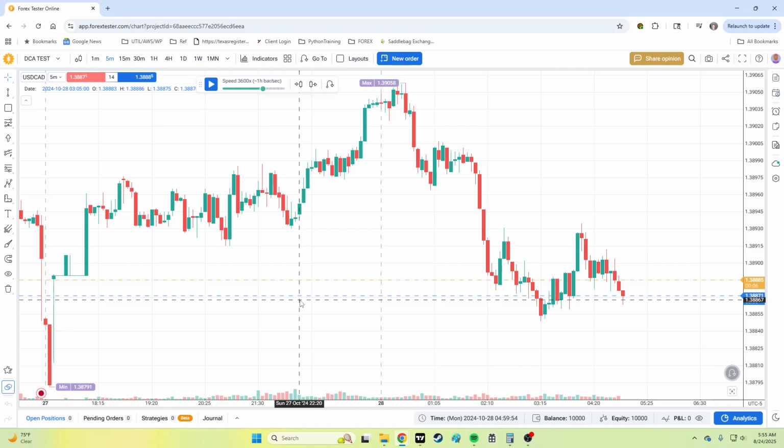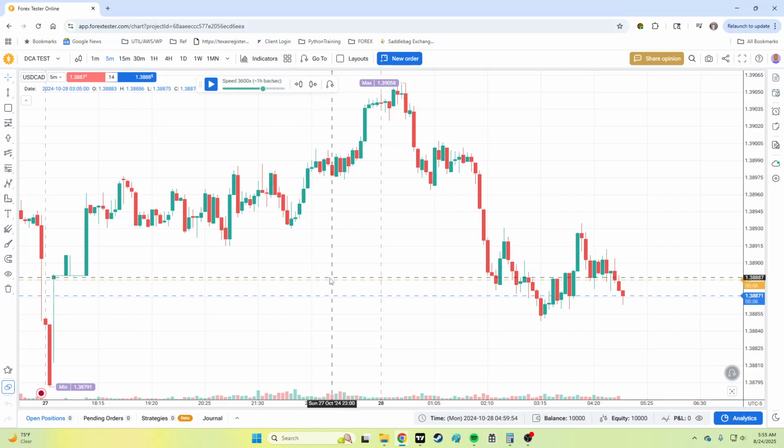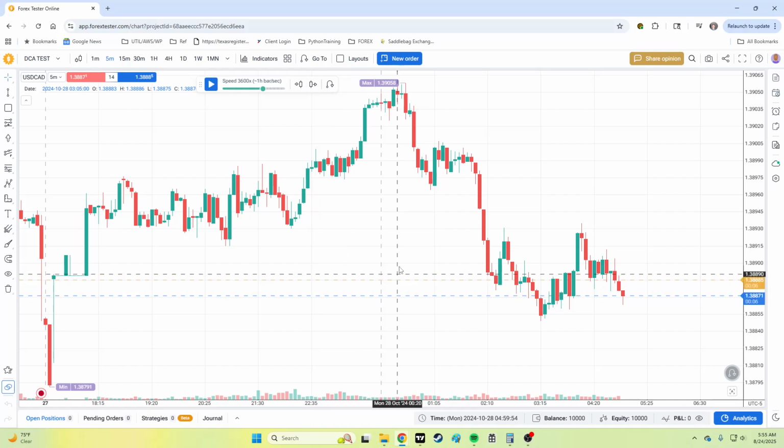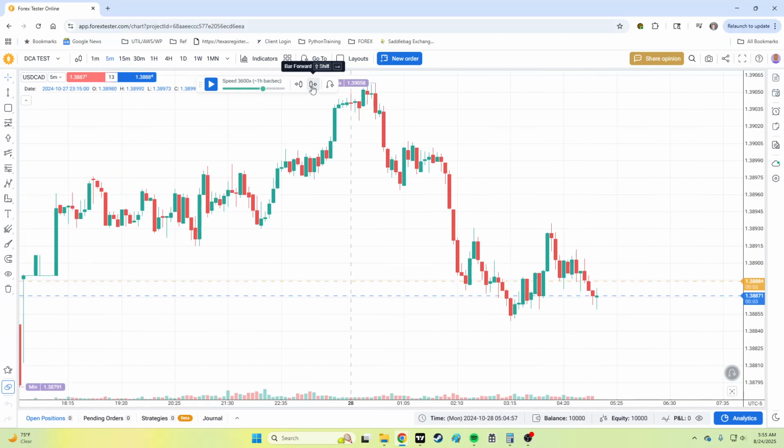Let's do 0.1, and in every recovery trade, we're going to increase by 0.1 as well. And we'll see how that goes. It might actually take a while, so I may only go to 10.5 or something just to show you how this works. But let's go ahead and get started.